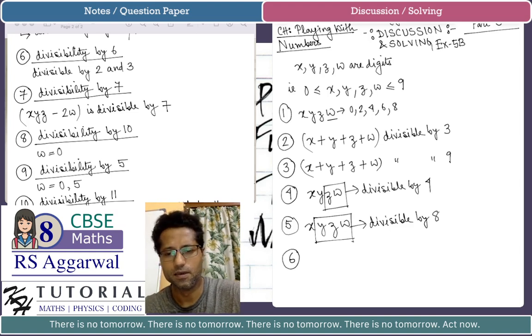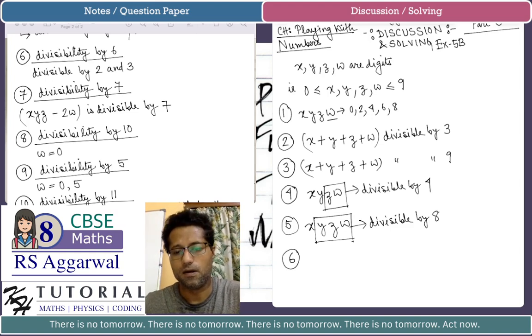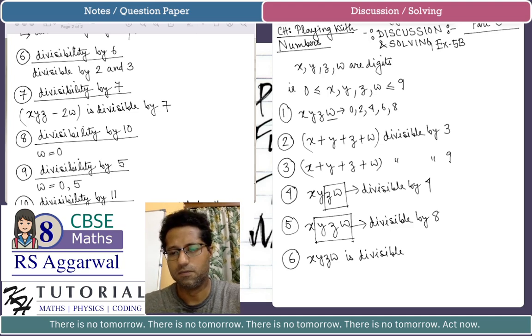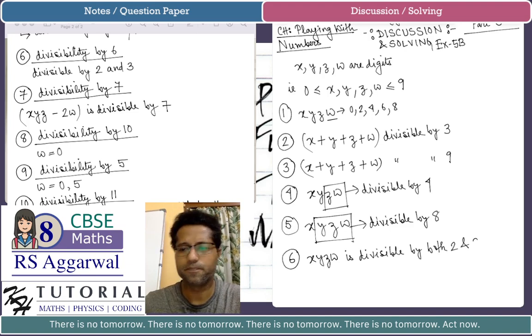Only then we can say it is divisible by 6. I'm not writing anything new, it is already written in the quick notes. Okay. Now divisibility by 7.